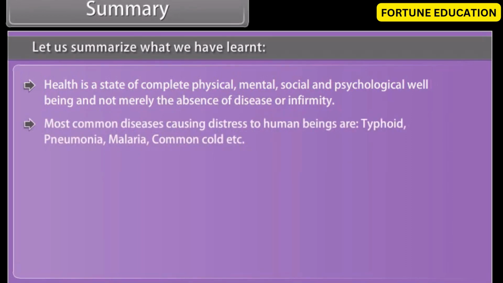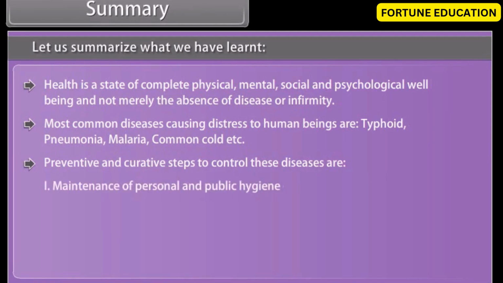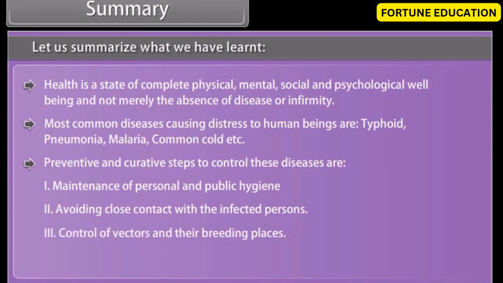Most common diseases causing distress to human beings are typhoid, pneumonia, malaria, common cold, etc. Preventive and curative steps to control these diseases are maintenance of personal and public hygiene, avoiding close contact with the infected persons, control of vectors and their breeding places, use of vaccines and immunization programs.